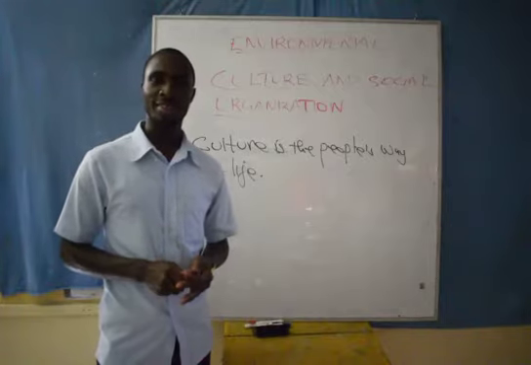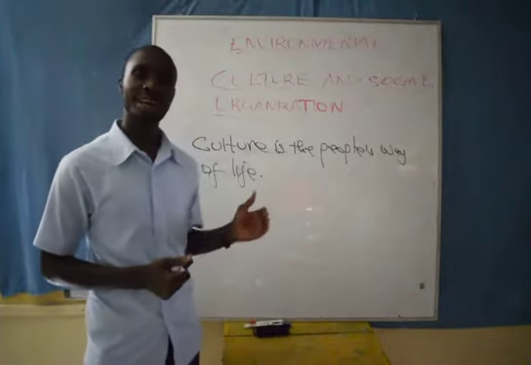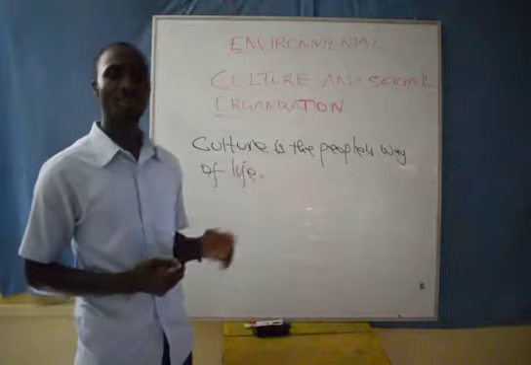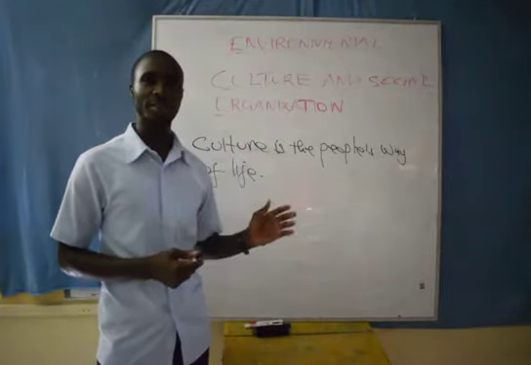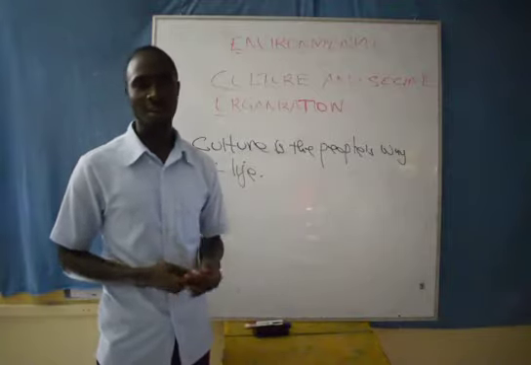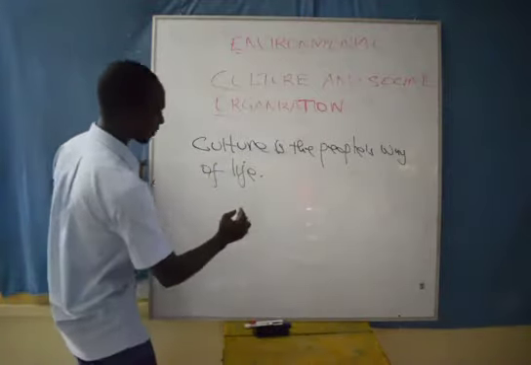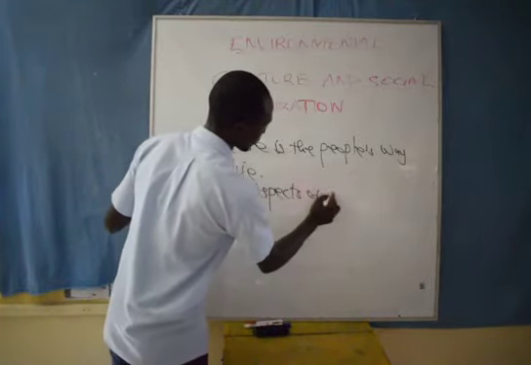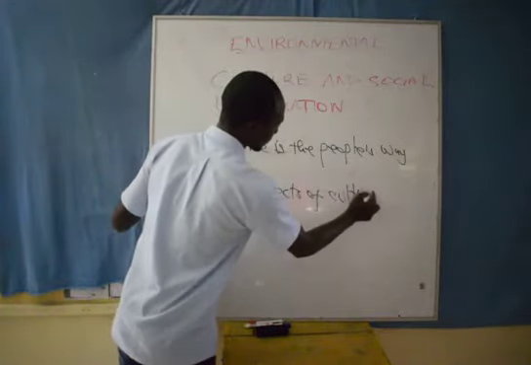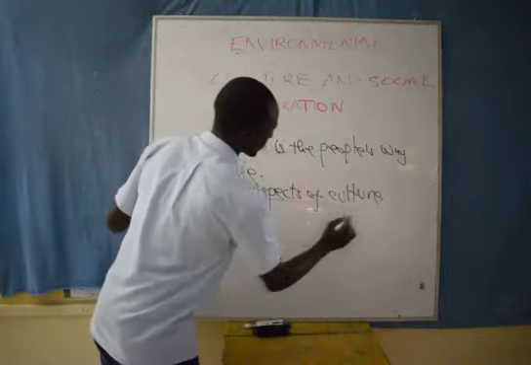Cool and good, class. Those questions will lead us to the aspects of culture that we want to see in different communities as practiced traditionally and even nowadays. So number 1, let us look at aspects of culture. Aspects of culture.